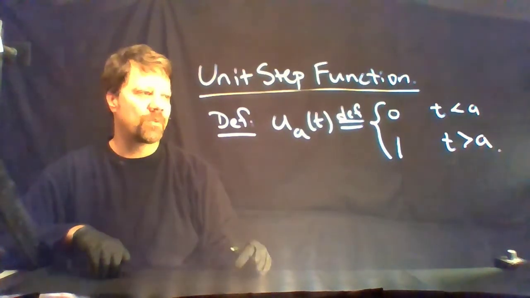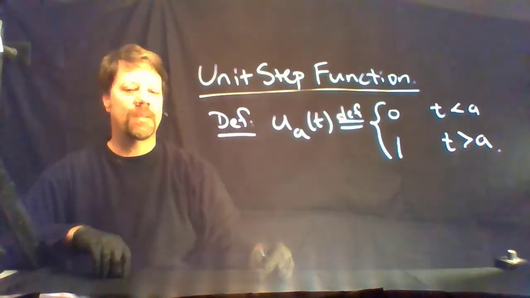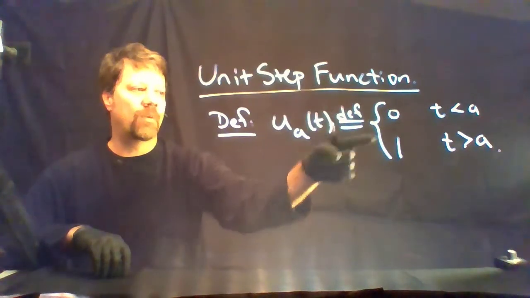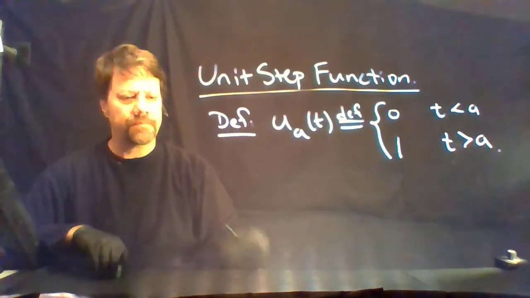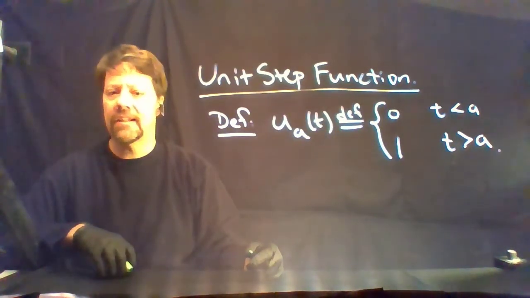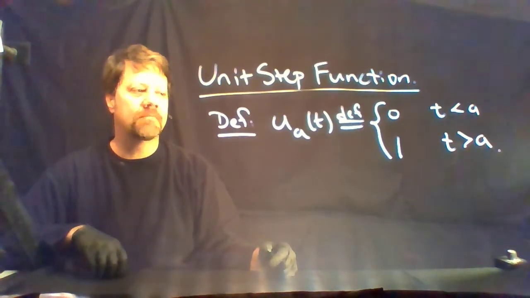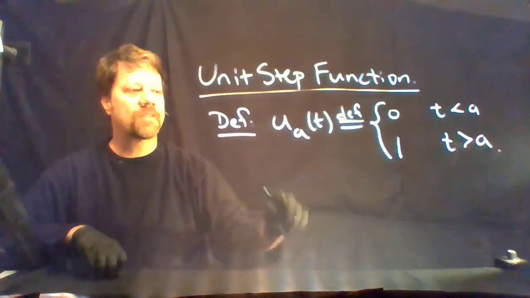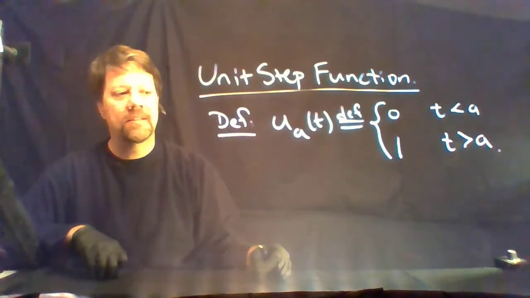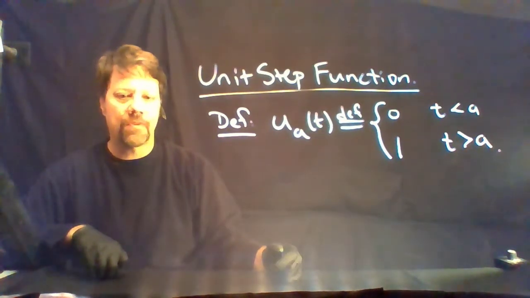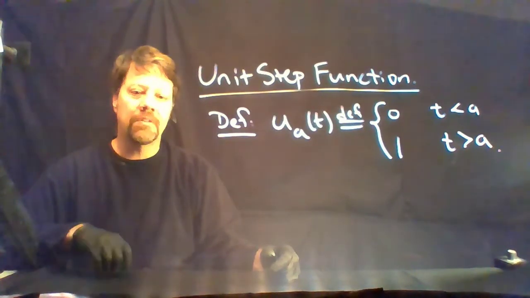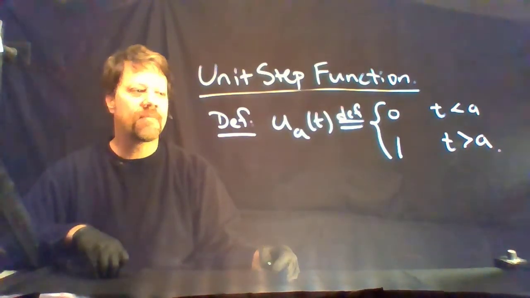Some authors will define the value to be the average of 0 and 1, the average at the endpoints, which makes some sense in the context of Fourier transforms, which we're not doing here. So for us, what happens at a single point, as far as these discontinuous forcing functions are concerned, will be irrelevant. It won't make a difference.